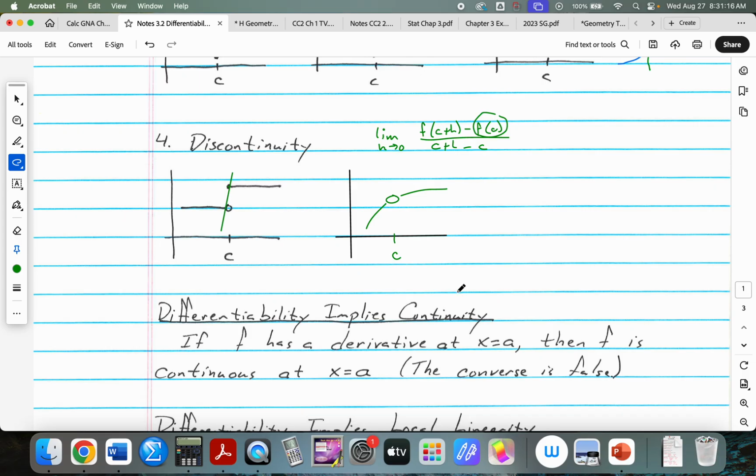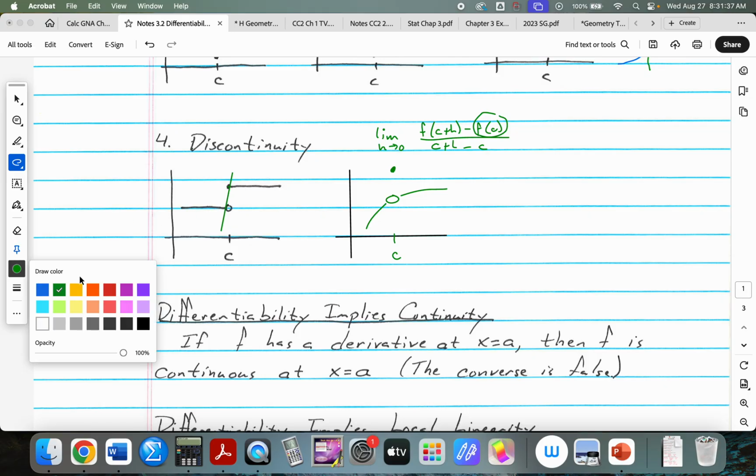Now, what if it's the other kind of removable discontinuity, so that there's a point up here or something? Well, now f of c does exist, but let's look at the slopes.